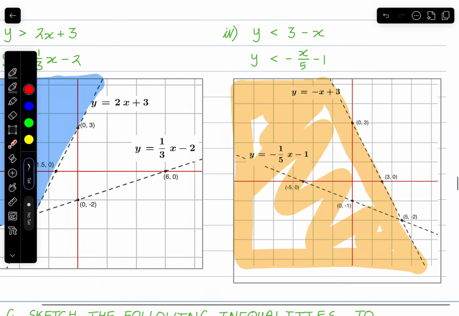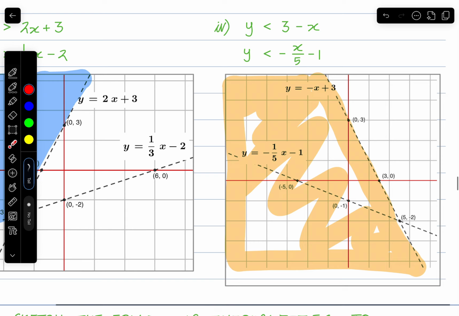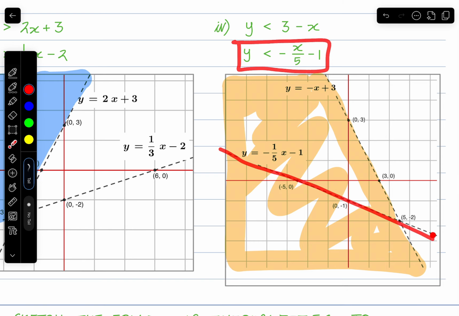And again, I'm going to pick another point here, 0, 0. It really can be any point. So I'm now looking at this line, which is this one here. Is this point below the line at the same x value?